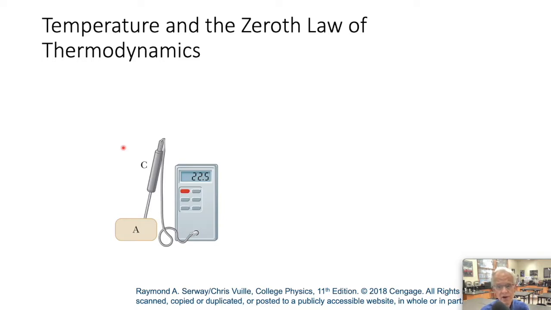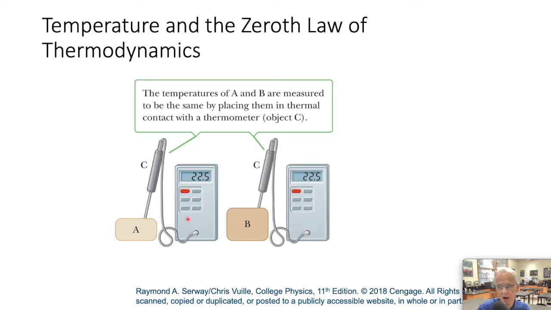If we want to find out whether some object A and some object B would be in thermal equilibrium if they were placed together in thermal contact, the thermometer, which we'll call object C, is first placed in thermal contact with object A. The thermometer is then placed in thermal contact with object B, and its reading is again recorded at equilibrium.